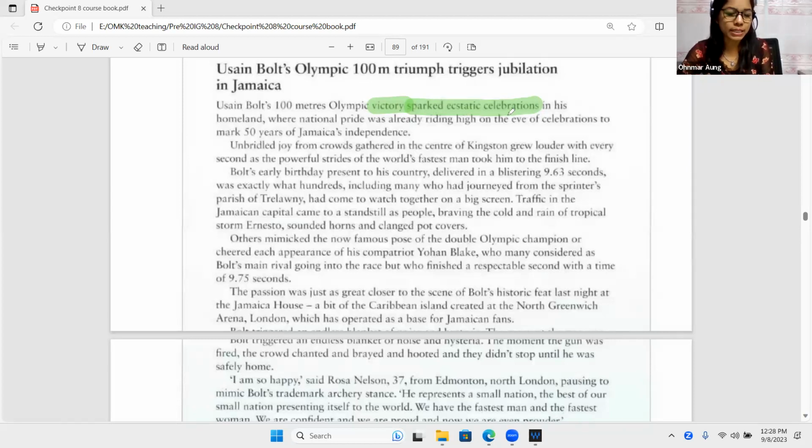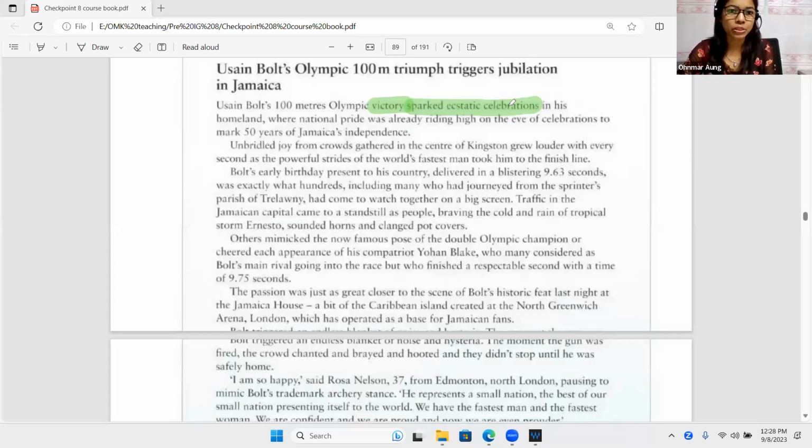By the way, how do you understand ecstatic? Very happy. Ecstatic means something concerned with being happy. In Burmese, piti pyare. But in English, we could say very happy.